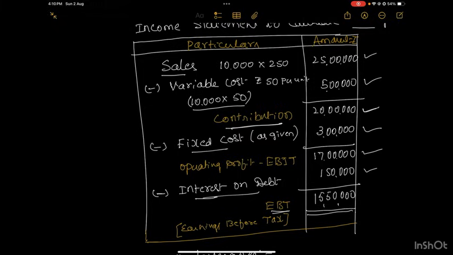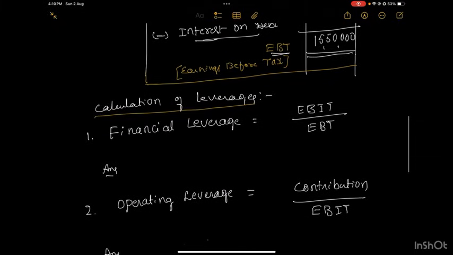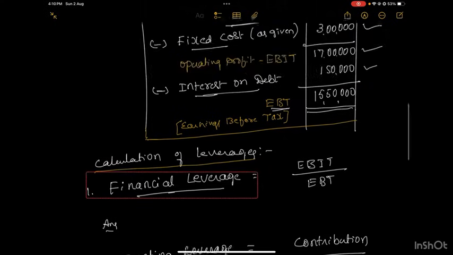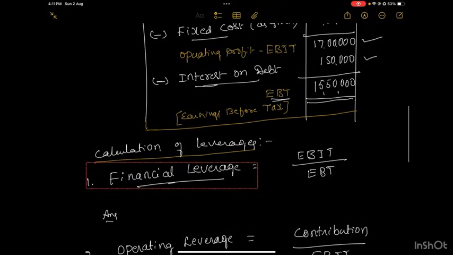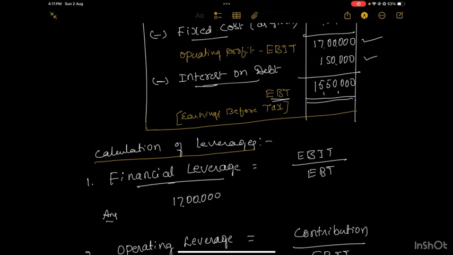Based on this information, we need to apply the equations for three kinds of leverages. First, I'll take financial leverage, EBIT divided by EBT. What is the value of EBIT available? 17 lakhs. So 17 lakhs divided by EBT. What is the amount of EBT? 15 lakhs 50,000.